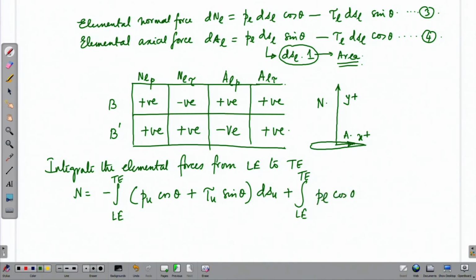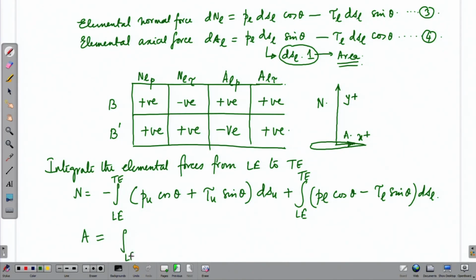So, if you know the geometry of the body, then point to point you have information about the theta, and you also know the location of the points as a function of the running coordinates SU and SL.